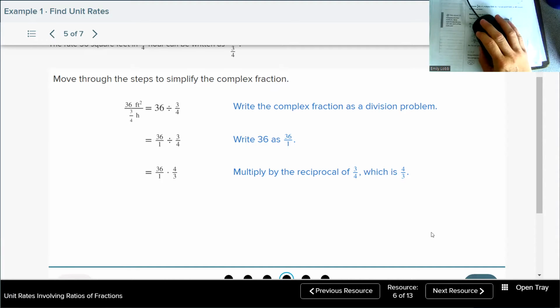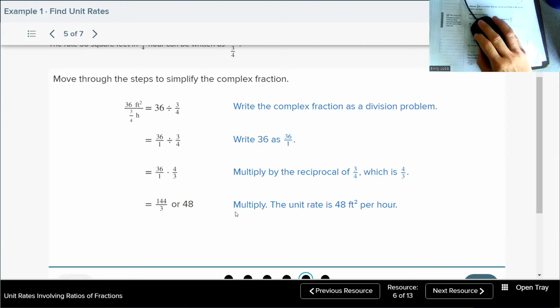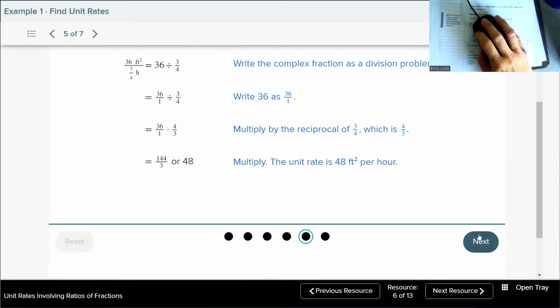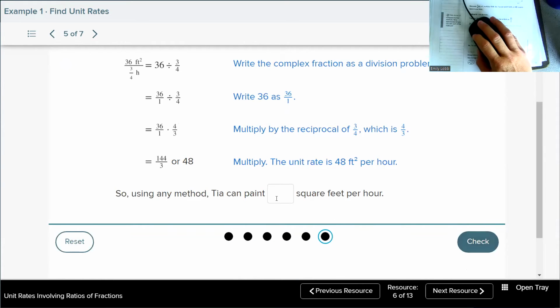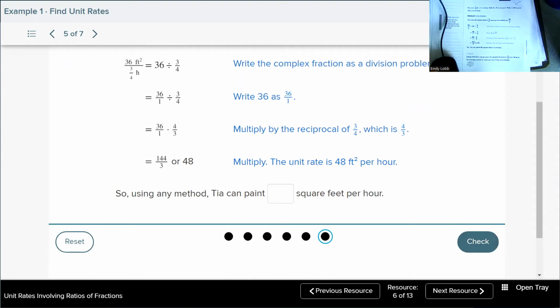See how they flipped the fraction? Now, when we multiply, we have 36 times 4, or you could have cross-canceled here and had 12 times 4. And our unit rate is 48. That goes in, oh no, they don't even have a blank for you there. So check.